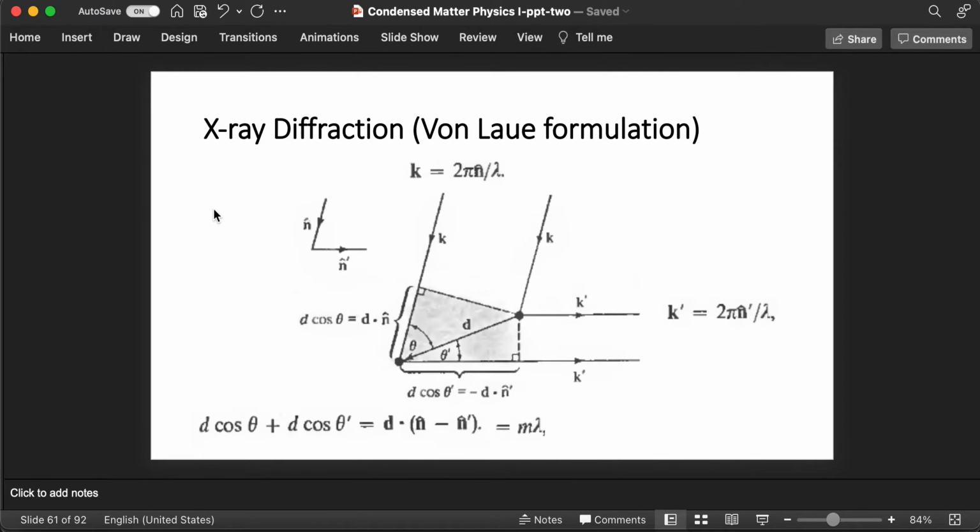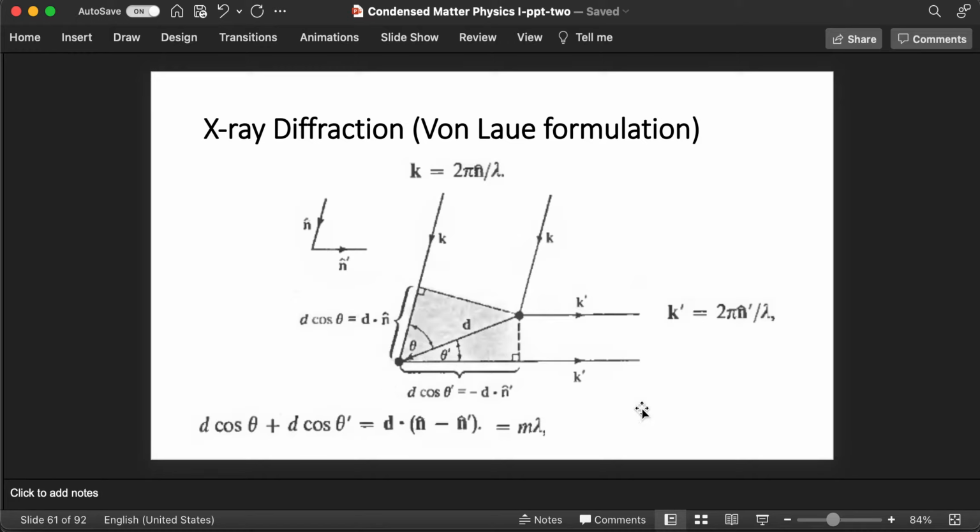Now, instead of the Bragg formulation, one can discuss X-ray diffraction in a solid using a different formulation called the von Laue formulation. Here, you don't talk about lattice planes, but only about lattice points.